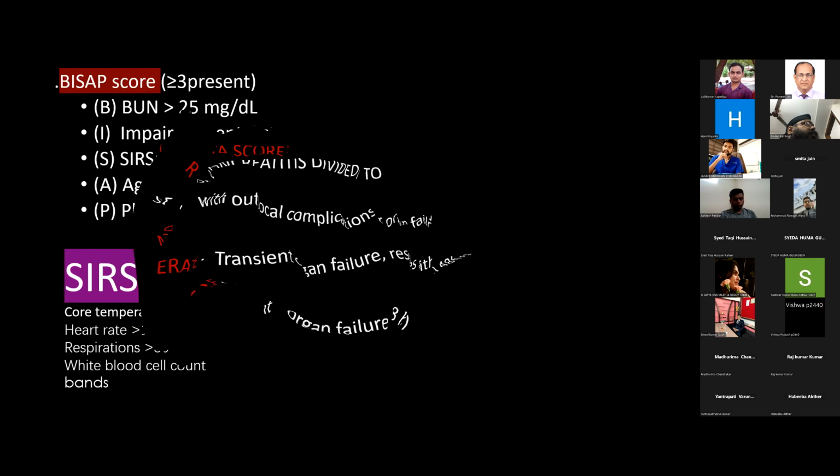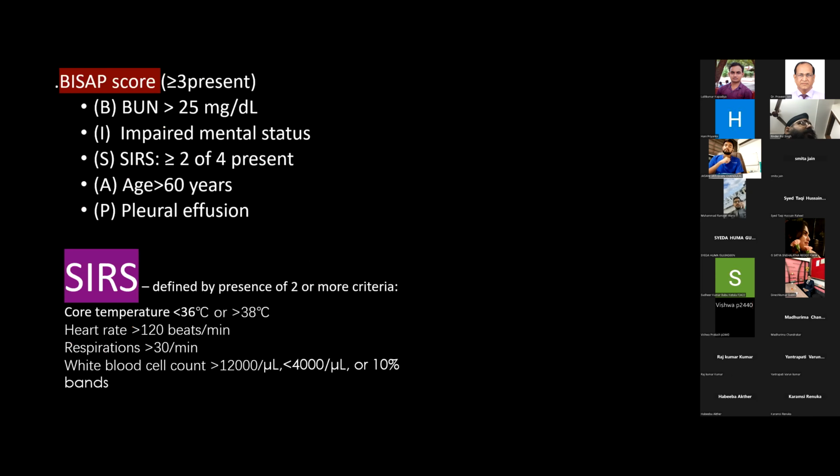Now coming to the third criteria, that is BISHOP, which is bedside index severity of acute pancreatitis, which includes B for blood urea nitrogen more than 25 milligram per deciliter, I for impaired mental status, and S for systemic inflammatory response, which is defined as follows.